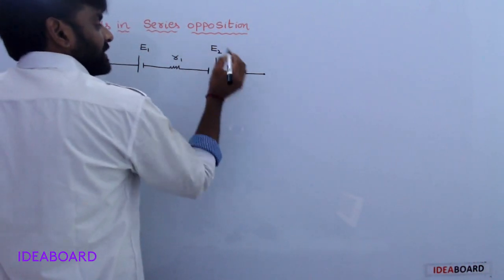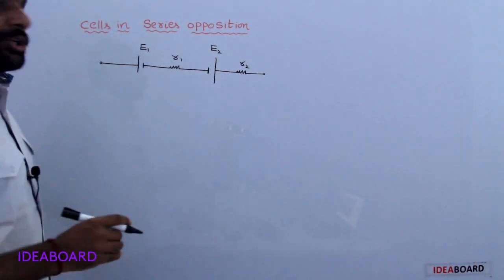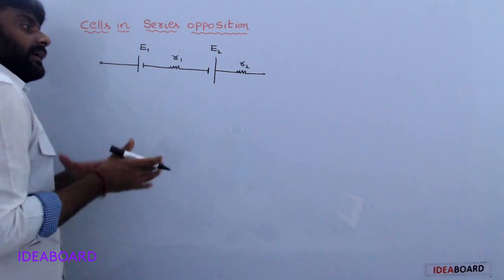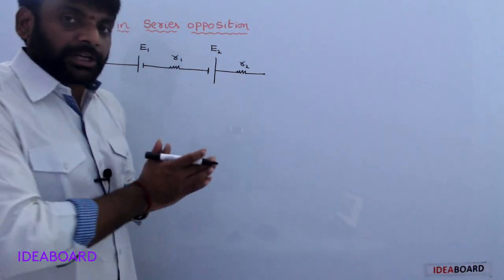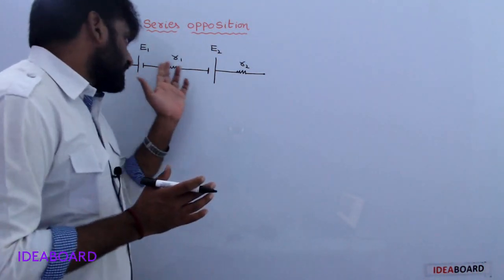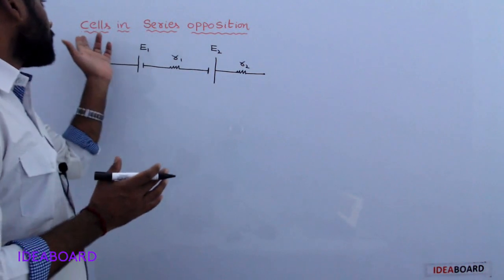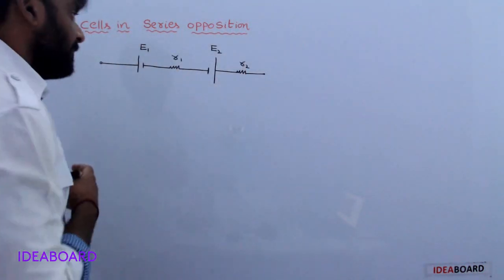Its EMF is E2. Its internal resistance is R2. Understood? In the last class, series meant one battery's negative connected to another battery's positive terminal. But in this case, negative is connected to negative, so cells in series opposition.